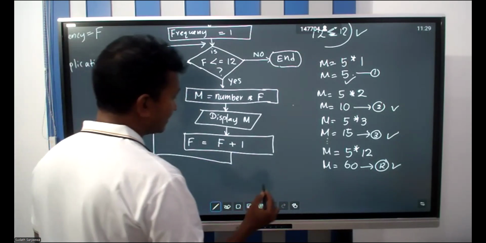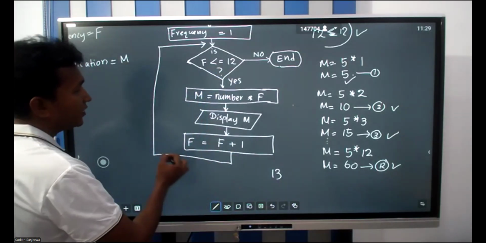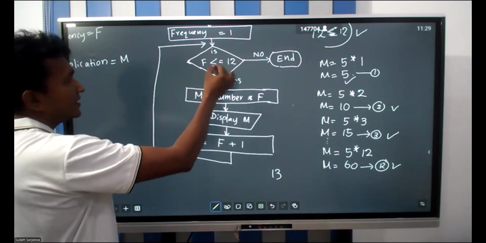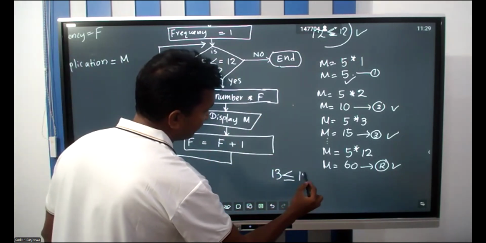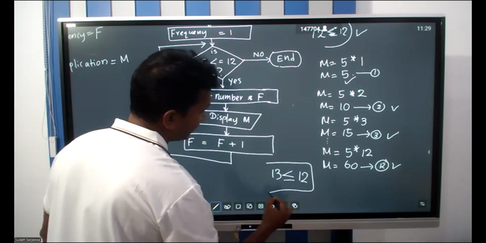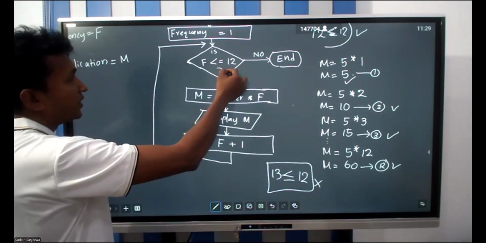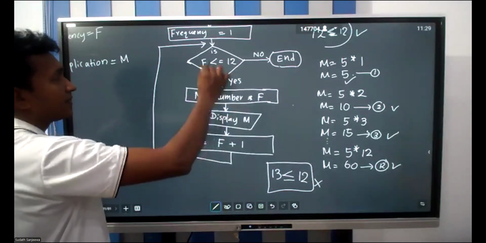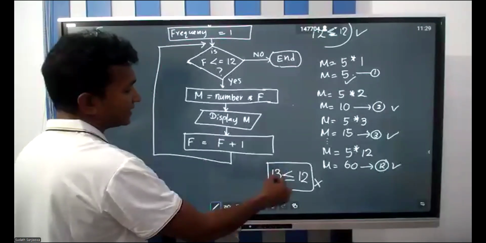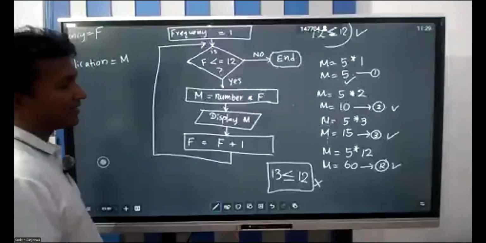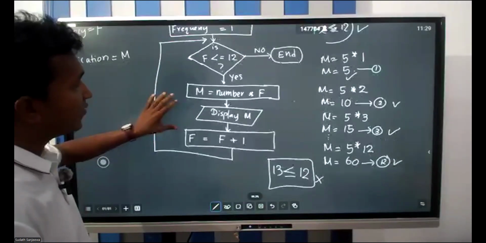We check this condition again. Now f is 13. Is it less than or equal to 12? This is wrong. The condition is not true. We cannot go here, and we end the program when it becomes 13. That is how it works.